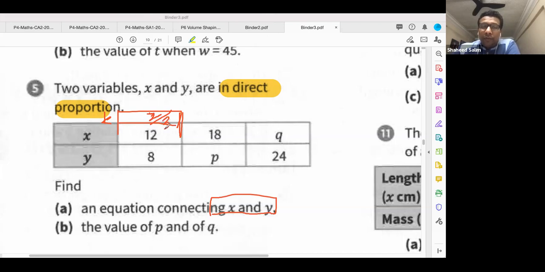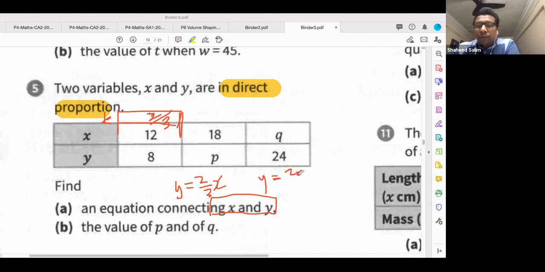So now, what's the equation then? Y equals KX, right? K is 2/3. So Y equals 2/3 X. You can also write it Y equals 2X over 3. It's also the same thing.